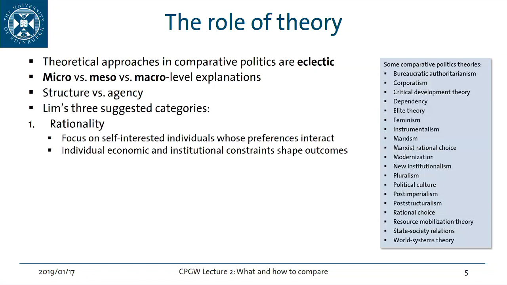Now, Caramani does a nice categorization of the main ideas, he calls it the 5 I's in comparative politics. Because I wanted to keep the slide brief, I went with a different conception of how comparative politics theories can be categorized, in three different levels. But essentially, they talk about very much the same things.